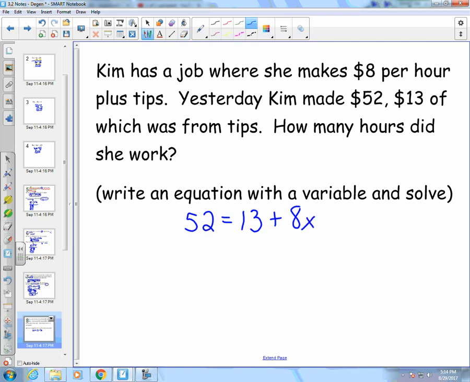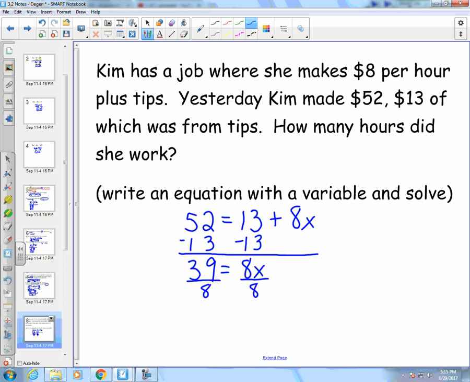The variable here really doesn't matter. I have a two-step problem. Let's find out how many hours she worked. We're going to subtract 13 on both sides so that we have 52 minus 13, which is 39. 39 is equal to 8 times x, which means we're going to divide by 8 on both sides.